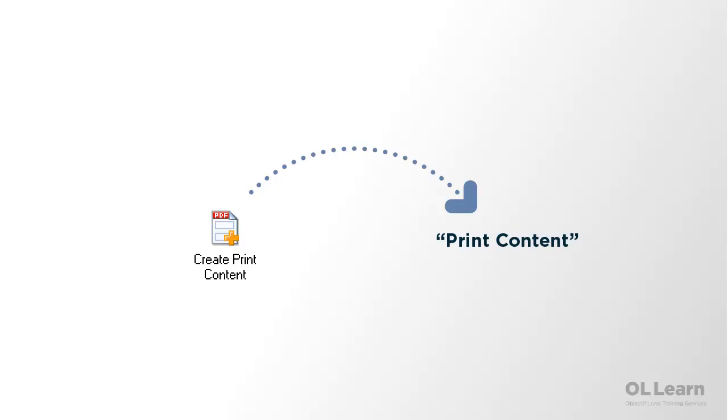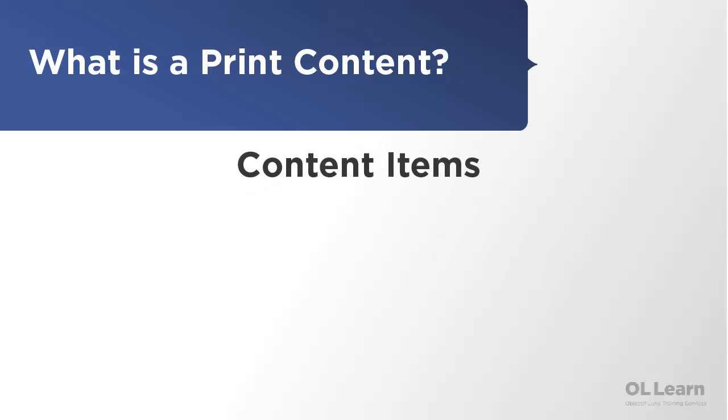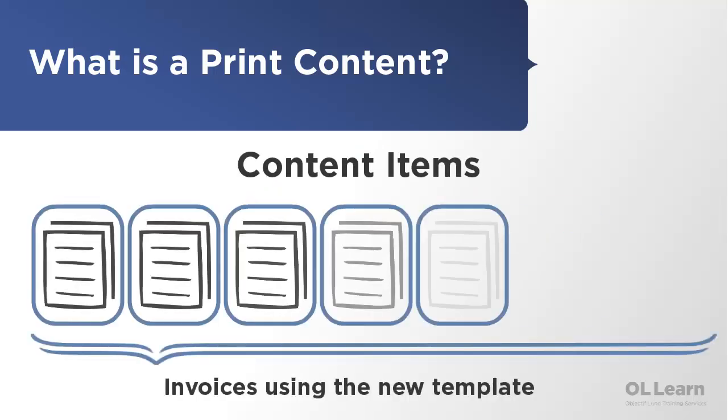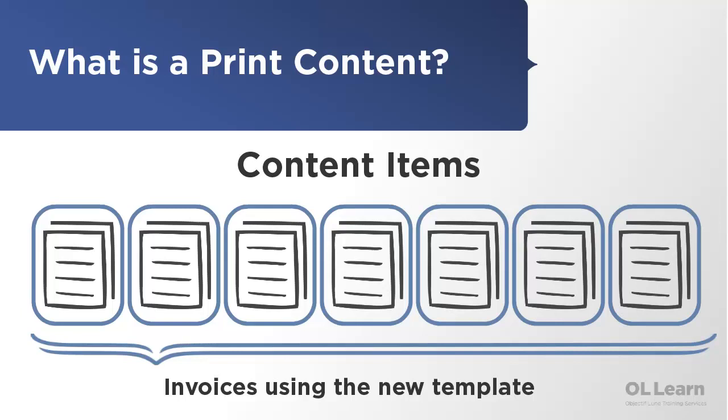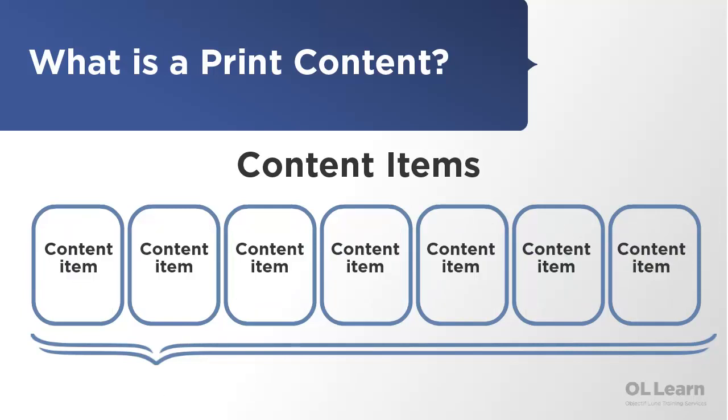It outputs print content. Now, what's the print content? It's actually a series of content items, and each content item is basically an invoice that uses the new template. It's not in any specific shape or form, in the sense that it's not PostScript and it's not PCL. It's just a content item. It's kind of free floating.